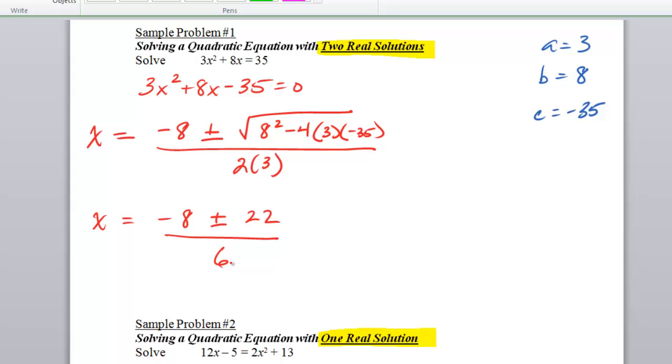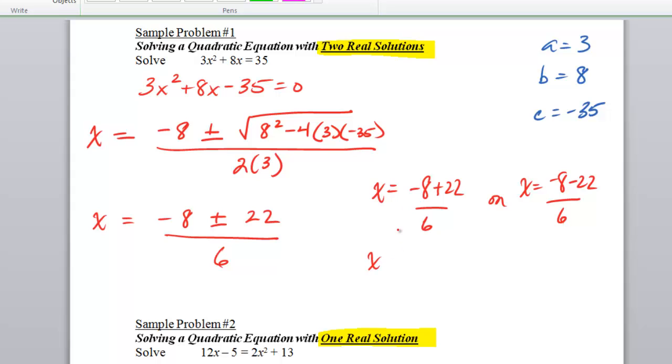Now, this is a unique situation where the radical was actually a perfect square, and we have real numbers here that can be combined together. So we have like terms with the negative 8 and the 22. In this situation, we actually need to break up the plus or minus and work on both of them individually. So I'm going to say x equals negative 8 plus 22 divided by 6, or x can equal negative 8 minus 22 divided by 6.